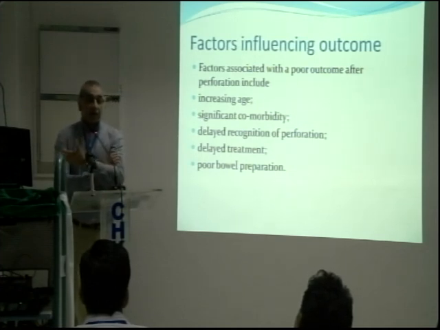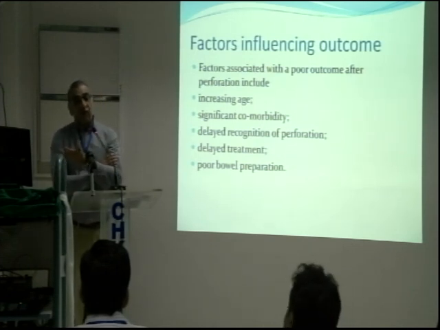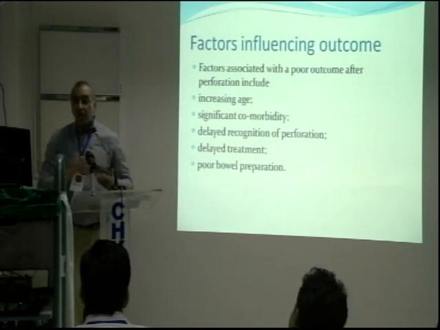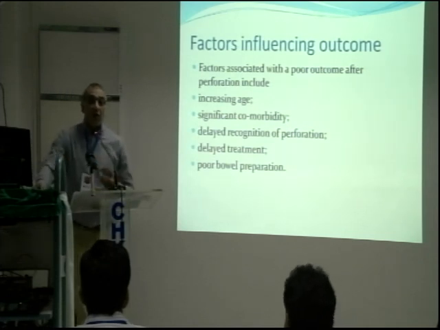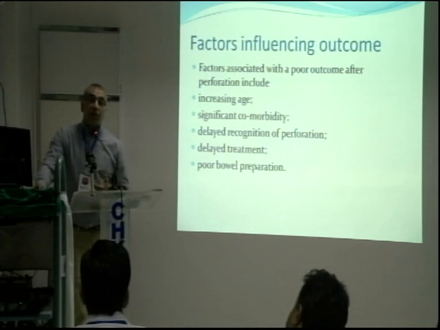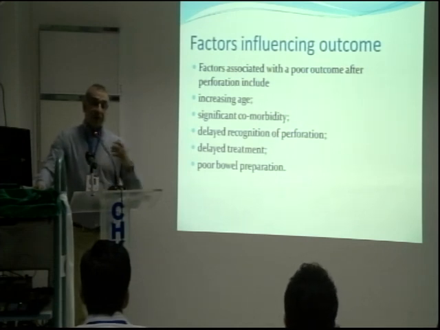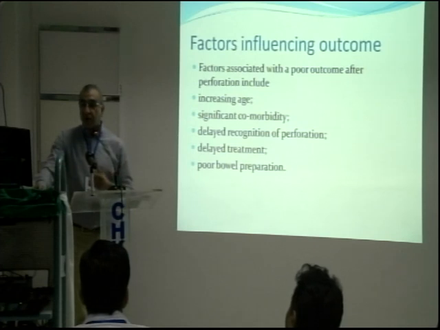So any perforation in the elderly is bad news. Significant comorbidity, such as hepatic failure, renal failure, cardiovascular disease, or respiratory problems, would give you a poor prognosis, because any remedial surgery that you would like to undertake would be compromised. The risk would be much higher for that, and the risk would be higher even if you don't undertake any surgical procedure.